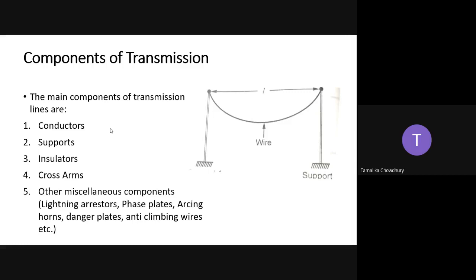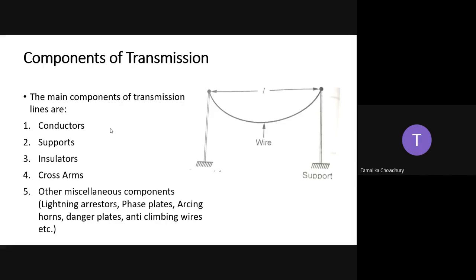Suppose the wire itself is the conductor, as shown in the figure. When it is stretched and when it is compressed, these two forces have to be taken into account while doing any calculation related to conductor materials. So this is the first thing, conductors.